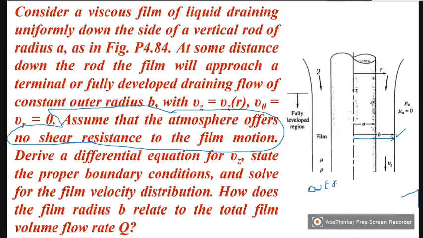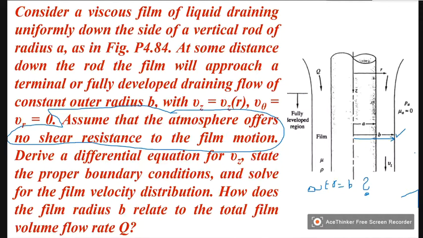At r is equal to b. So what is the boundary condition here? Vz with respect to b, sir. At r is equal to b. What is the boundary condition? Vz with respect to b.